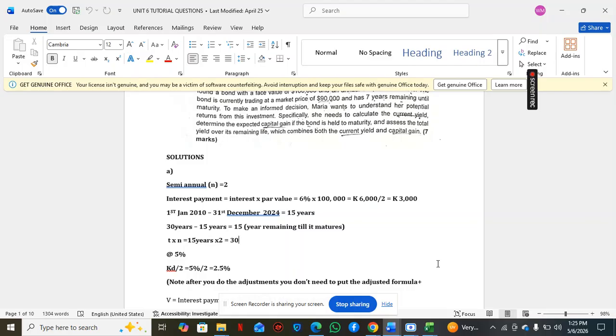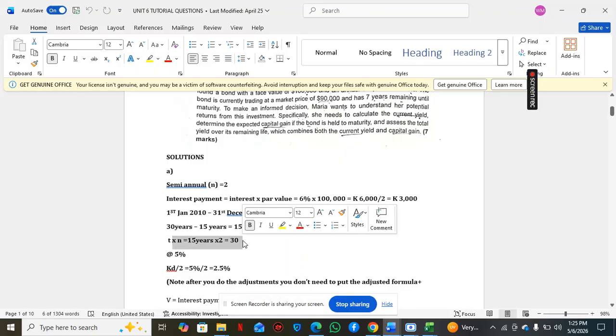When bonds are semi-annual, the interest rate and the required rate of return, those percentages, you halve them, and then the years, you multiply by 2. Because if you're paid twice in 1 year, in 15 years, you're going to be paid a total of 30 times.